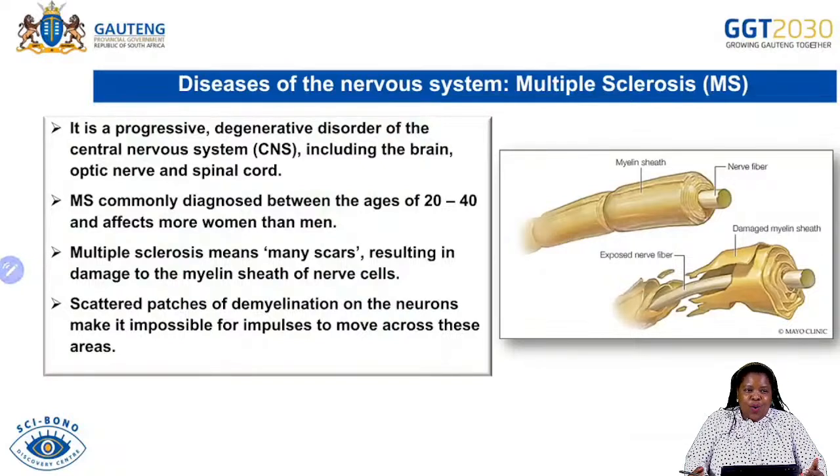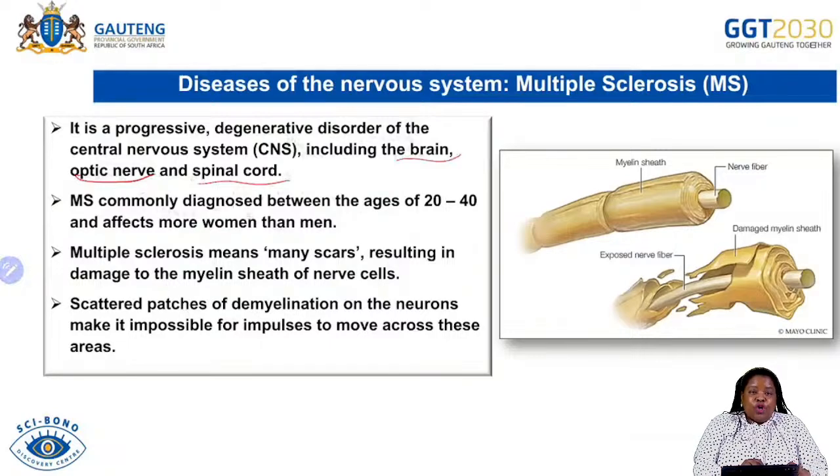Right? Now, 1 minute. Disease of the nervous system. The other one, we've got multiple sclerosis, which is MS. Remember, that one is AD. This one is MS. It is a degenerative disorder of the central nervous system, including the brain, optic nerve, and also the spinal cord.